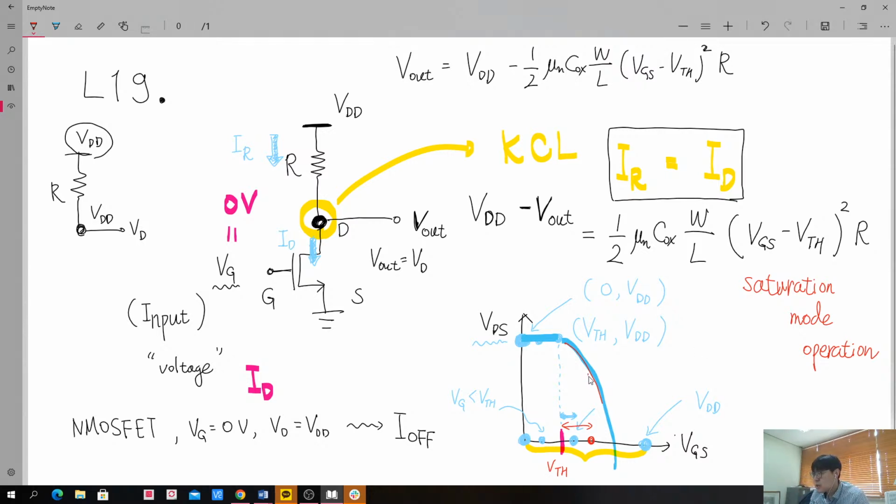In this case, this will be the drain voltage. When we compare these two lengths, we can say, at least for this gate bias voltage, we are still in the saturation region, because this height corresponding to the drain voltage is much taller than this width. So it is sufficient to have saturation mode.